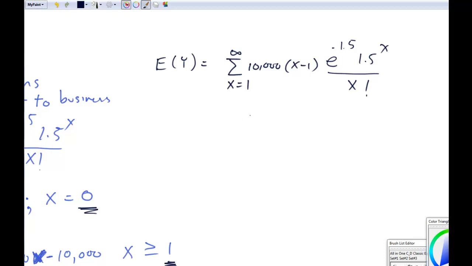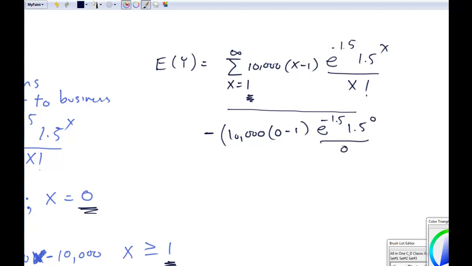I want to start with x equals 0 because I want to use a trick. So I'm going to take out the x equals 0 portion of the sum. It's going to be minus 10,000 times 0 minus 1, times e to the negative 1.5, 1.5 to the 0, over 0 factorial.